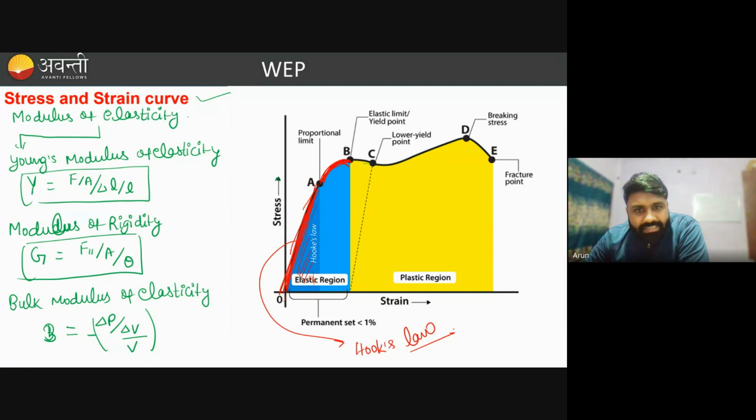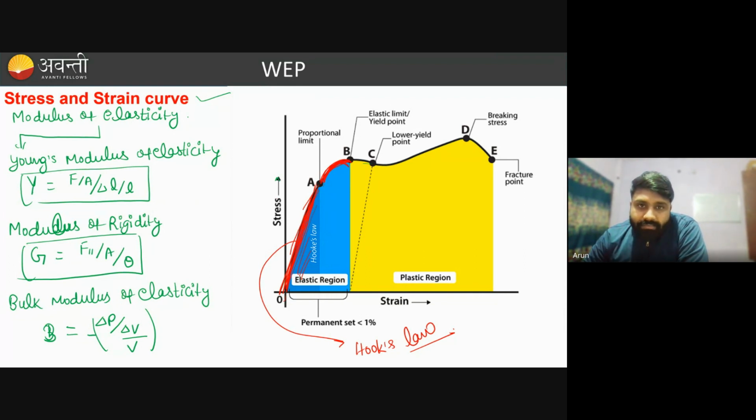Although if you increase the value of stress, strain is increasing, but not in a linear manner. So we can say that Hooke's law is valid only up to point A, but elastic behavior will be kept up to point B. So this region you can say is the elastic region. Got it? But the only difference is up to point A, Hooke's law is also valid, but from A to point B, only elastic behavior is there, and you cannot apply Hooke's law.